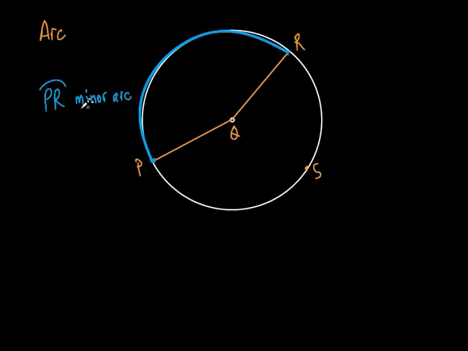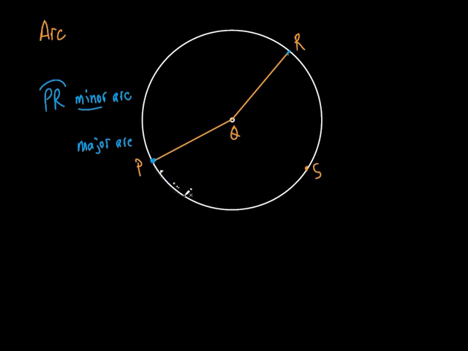What if it's more than 180 degrees? Well, less than would be a minor arc, so what would be more than? I think you got that. It would be a major arc. So a major arc is going to be greater than 180 degrees. And I can actually name the major arc right here. Now, let's try a different color and see if I can do it again.